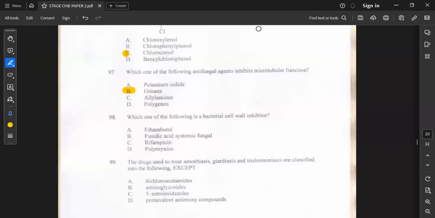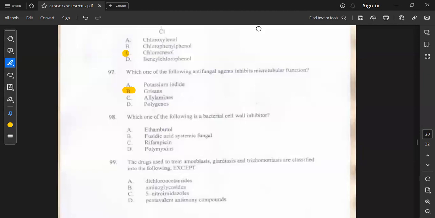It's used in deep organ infection with candida. It's used in all cryptococcus infections. There is a topical preparation that's used in cutaneous and mucocutaneous candidiasis.